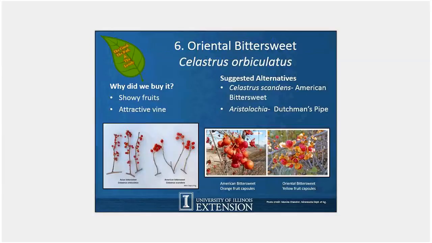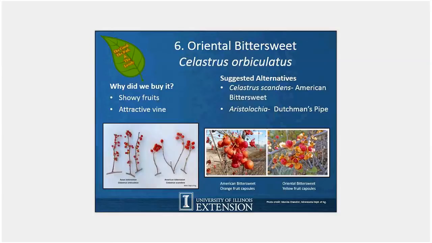And one of the ways to tell the difference, the picture on your left, the Oriental will have fruit all along that stalk, where the American sets fruit at the tips. And I just wanted to have pictures to show you that this evening.